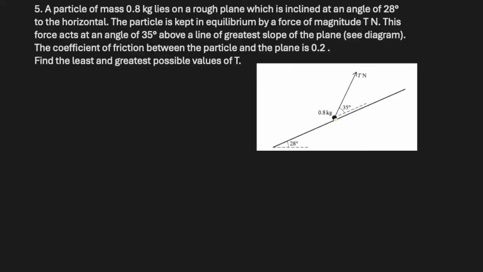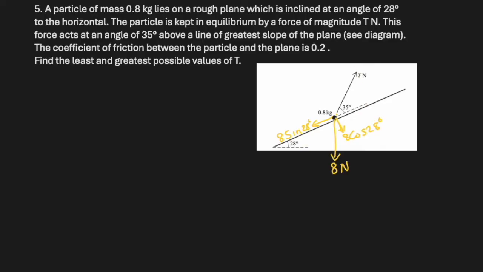So first I will label the forces. First there will be a weight down, which will be 0.8 times 10, so 8 newtons. It will have a component in this direction, which will be the sine component of the weight, 8 sine 28 degrees. There will be a component of the weight in this direction as well, which will be 8 cos 28 degrees.